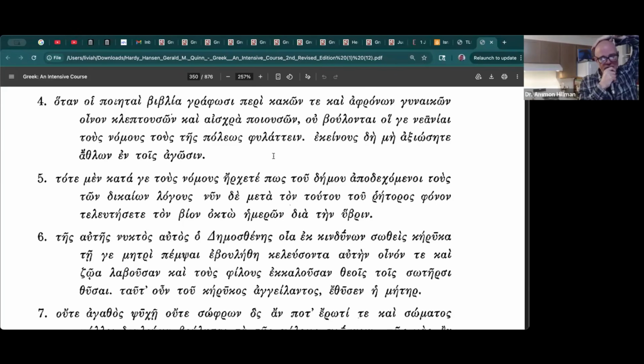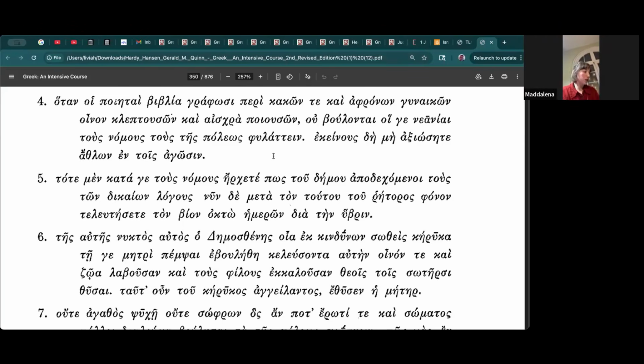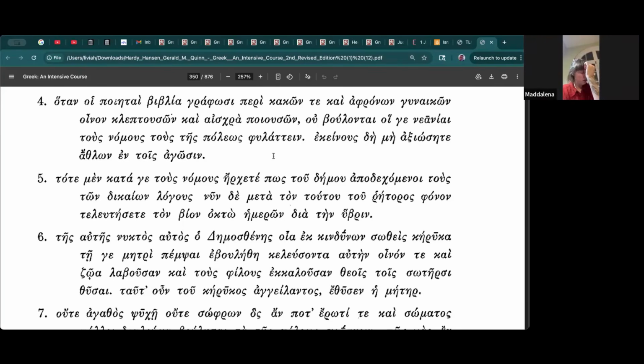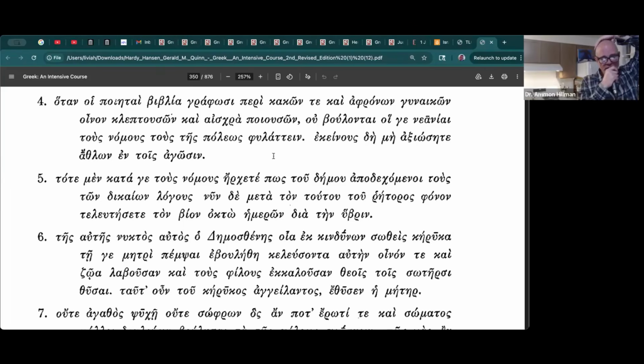What is the graphosi doing? It's in that first principal part. So is it indicative or subjunctive? I thought it was a subjunctive. It is. So it's a present subjunctive.